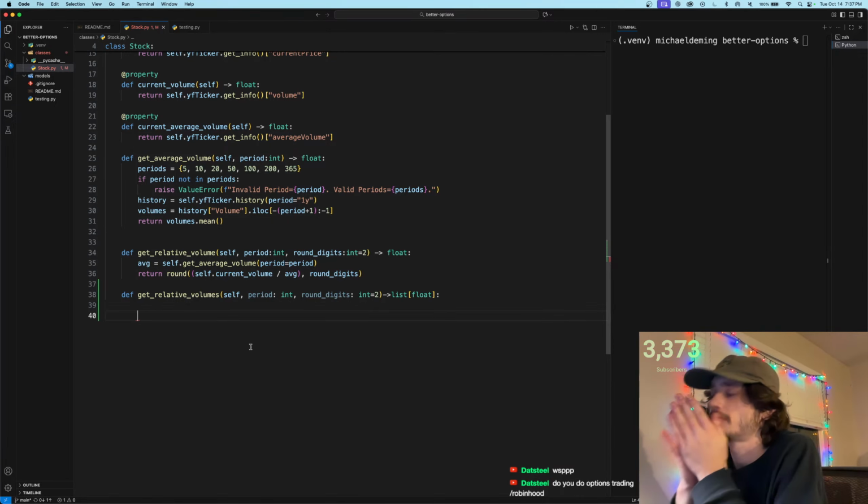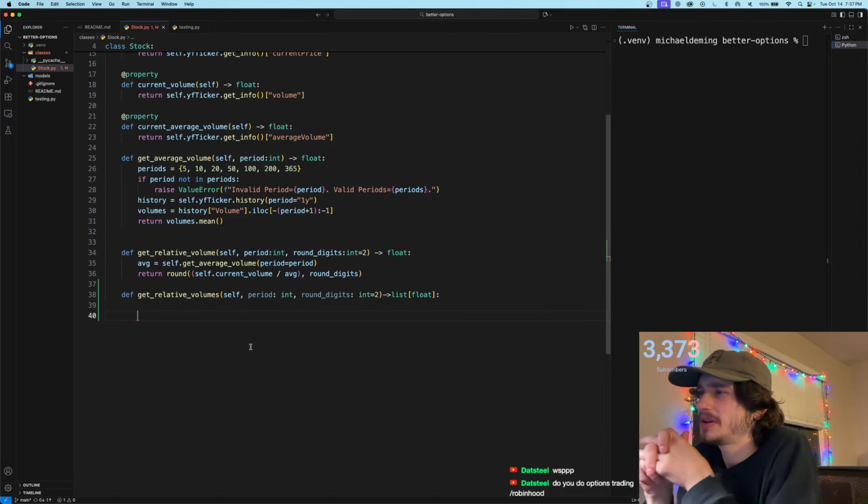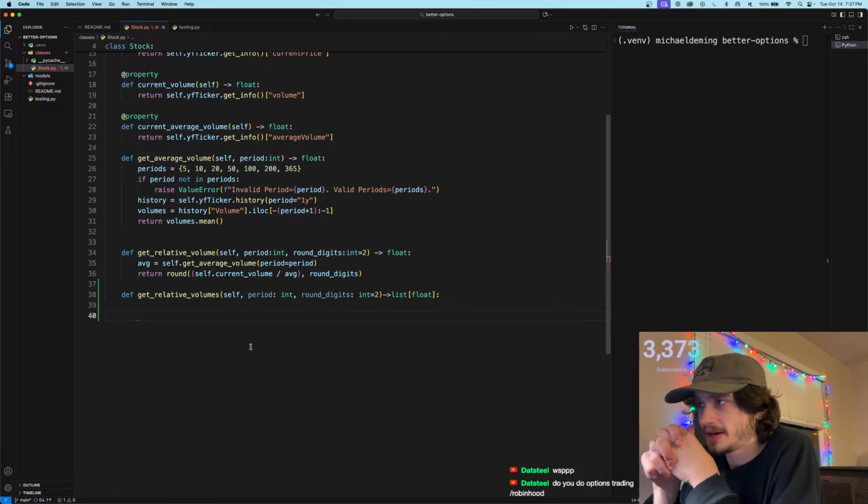Hold on, so we have the periods that we want to select over, right? If they're not valid, we raise the error. We get the history for the ticker over 1 year. And then we're going to get the relative volumes over 1 year.